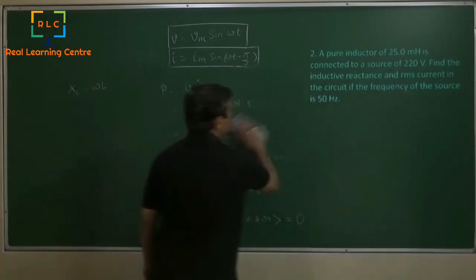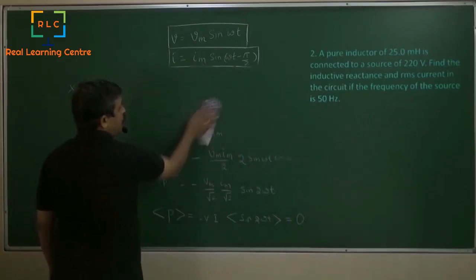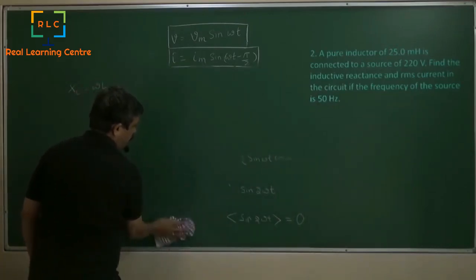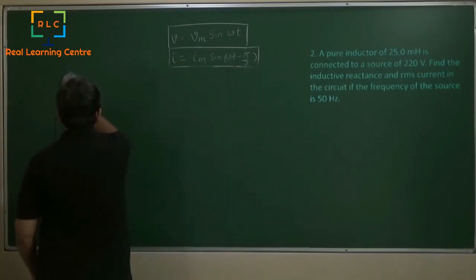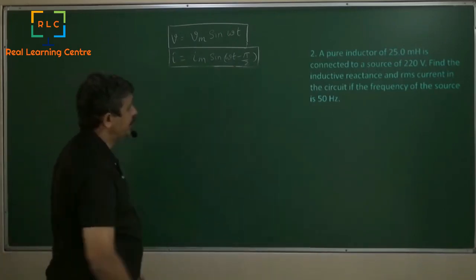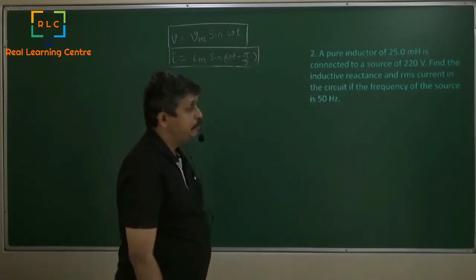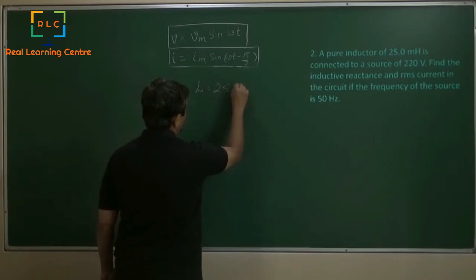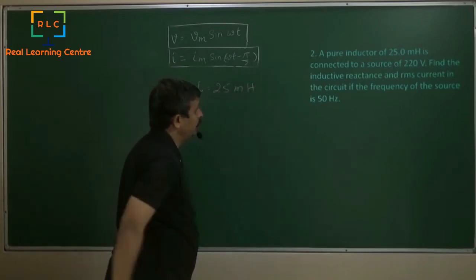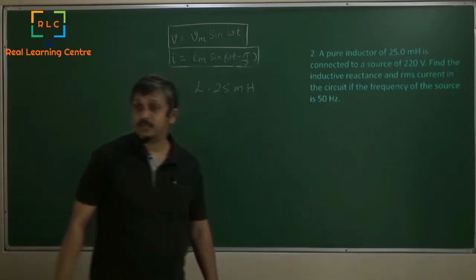So read the question. A pure inductor, which means there is no resistance, of 25 millihenry, that means L is equal to 25 millihenry, is connected to a source of 220 volts.